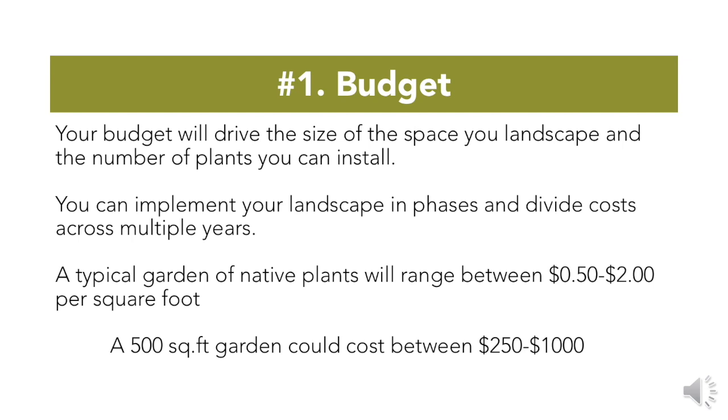And this is just for the plant material. It does not include things like mulch or water costs. So that would mean that a 500 square foot garden could cost you between $250 and $1,000 for the initial investment.